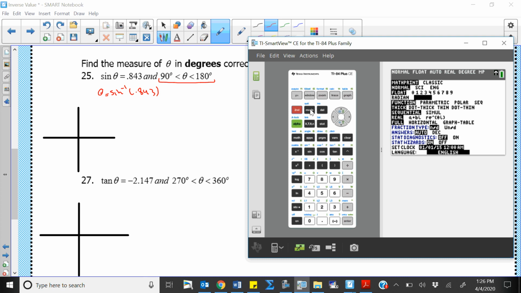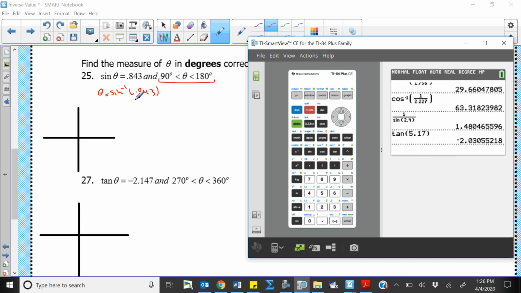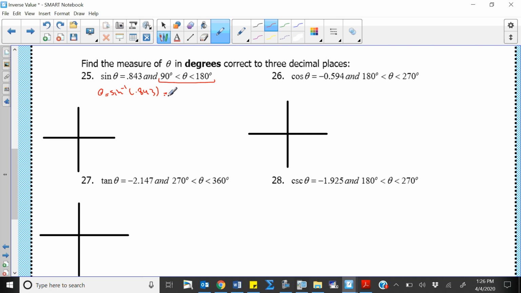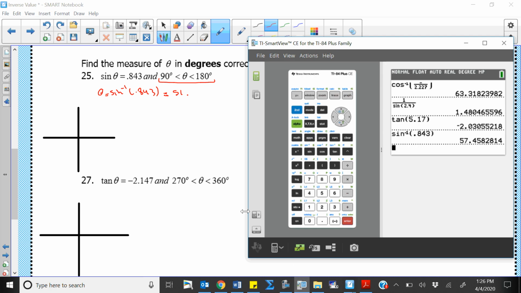Now, sine negative 1 of 0.843. So the answer is 51.458. I'm just going to write the first three decimal numbers.